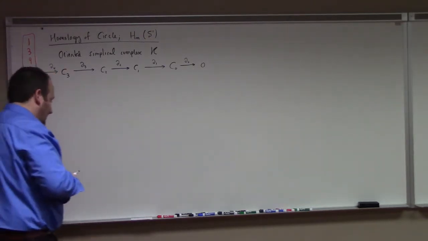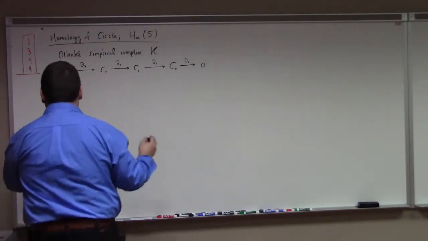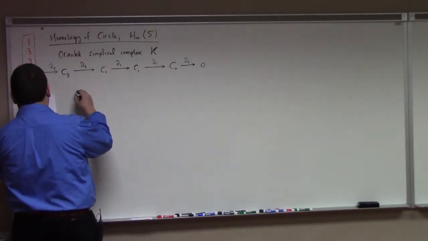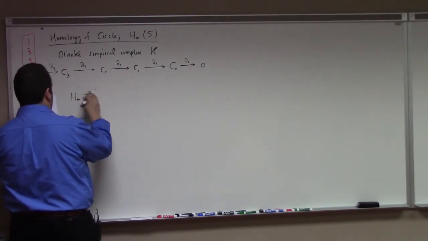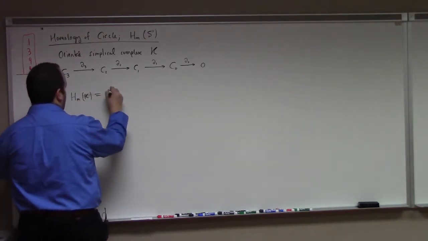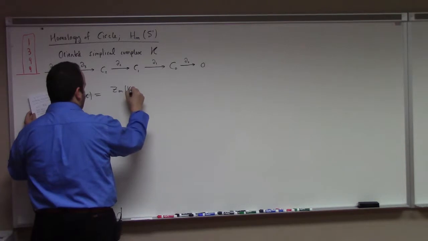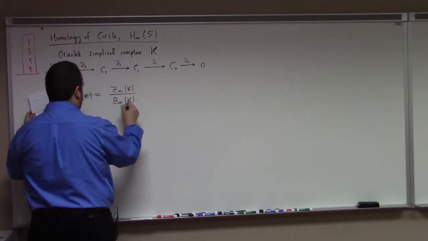And then we defined cycles and boundaries, right? And we said that the mth homology group of K was equal to the quotient of the m cycles by m boundaries, which I defined last time.